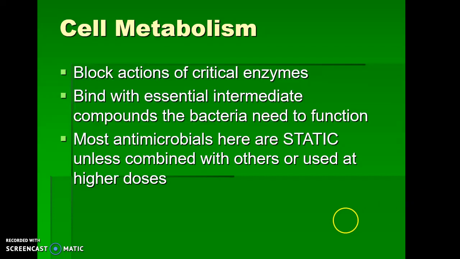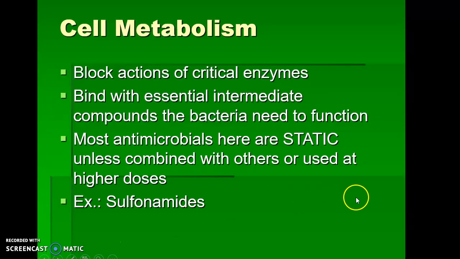Most of these are static type of antimicrobials. If they are used in certain doses, that might change, but for the most part, they're static. They're going to inhibit the reproduction of cells. The sulfa drugs or sulfonamides are prime examples of drugs that act in this way.